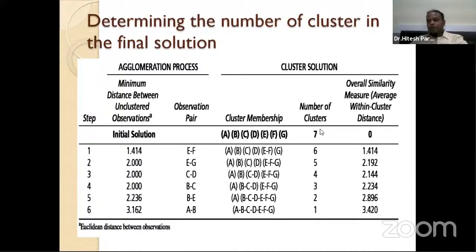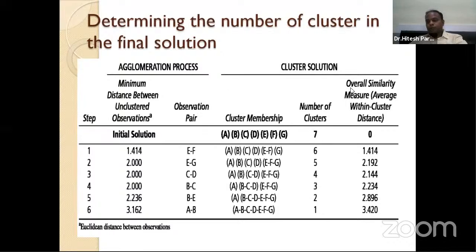Whatever the number of respondents, it will start from there, and one by one, in each stage, the respondents will be combined and the final solution will be a 1 cluster solution. Now, how can you take the decision whether 1 cluster is appropriate, or 2 clusters, or 3 clusters, or there cannot be any cluster? How can we take the decision?